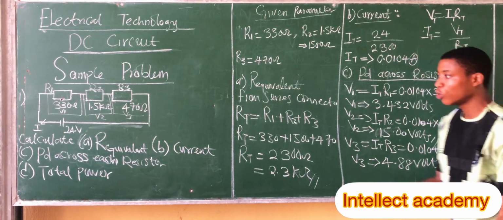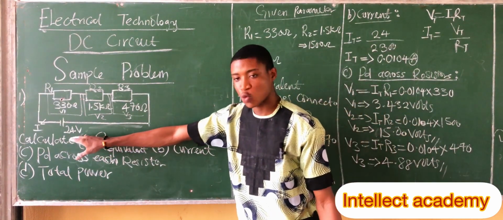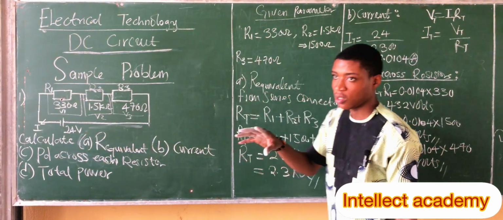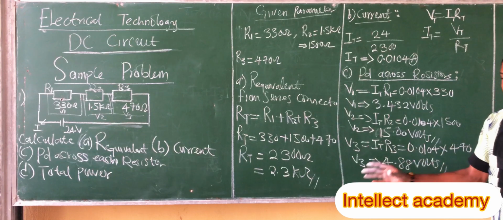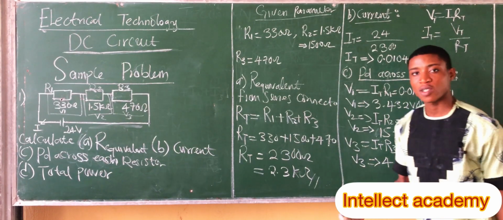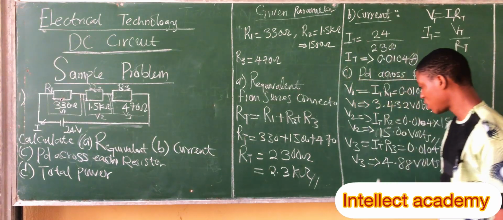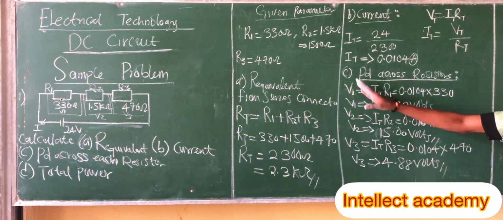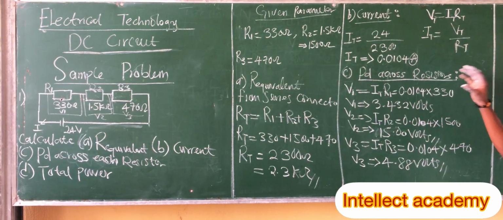It must give you a number close to 24, which is the total voltage. I'm waiting for you while you investigate that. What do you have? 23.8 something. Of course, it's approximate. This is due to approximation. So this is how we get C, which is the PD across each resistor.